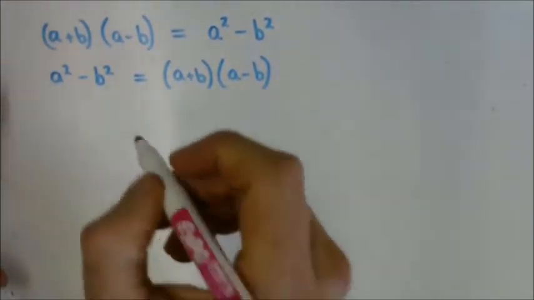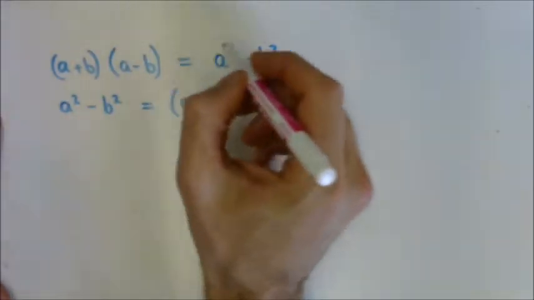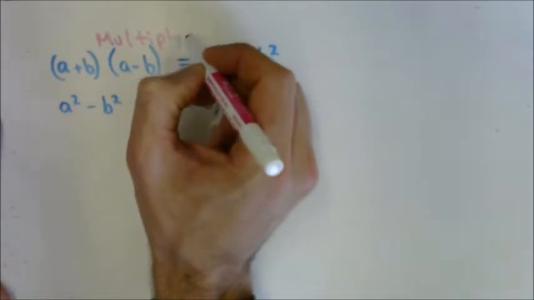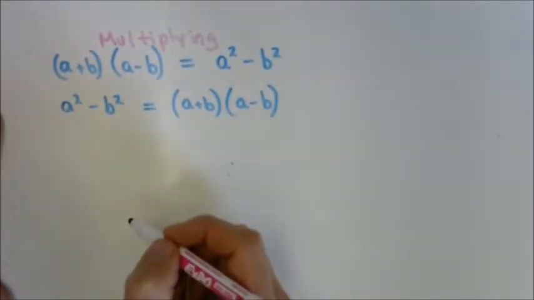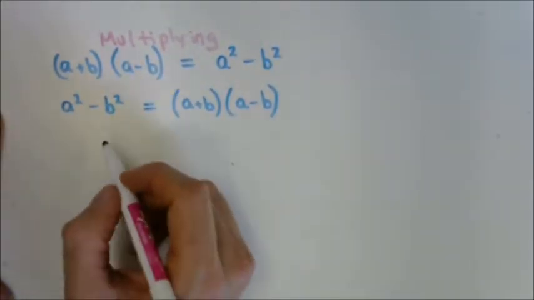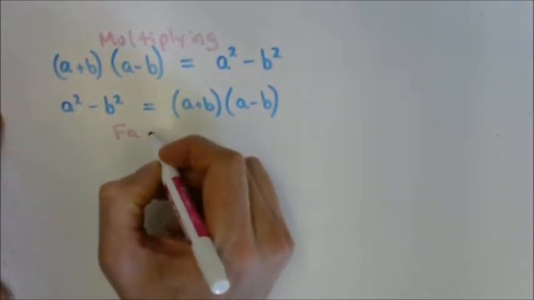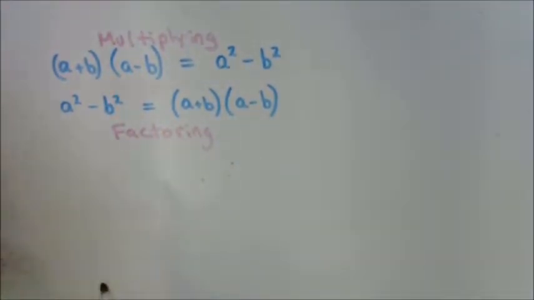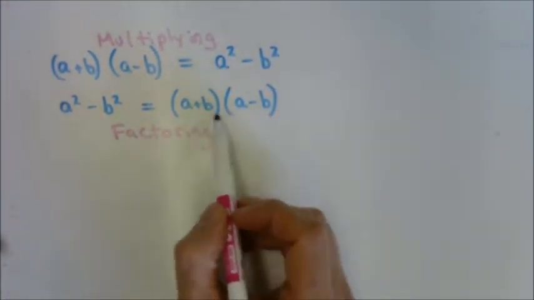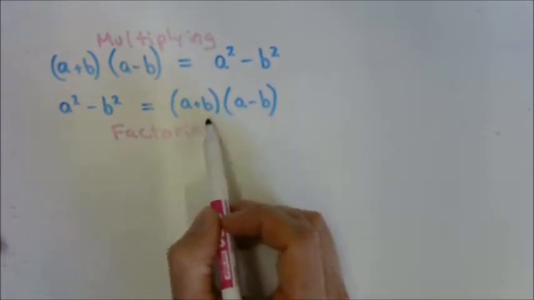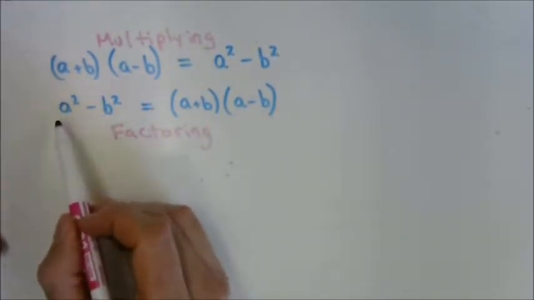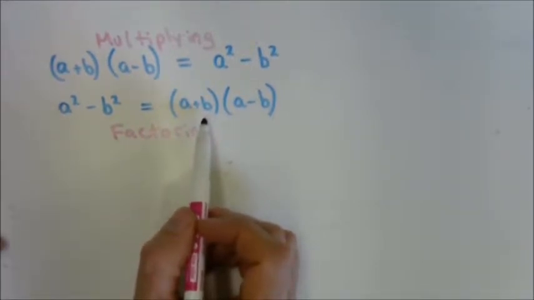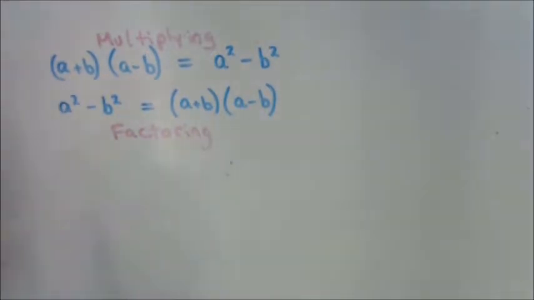Okay? This is called multiplying, the top one here, or distributing. The bottom one here is called factoring. So you cannot factor this. This is already factored. But if you see a difference of squares, you can factor it just using a pattern. You just have to use a pattern in order to factor it. Okay?